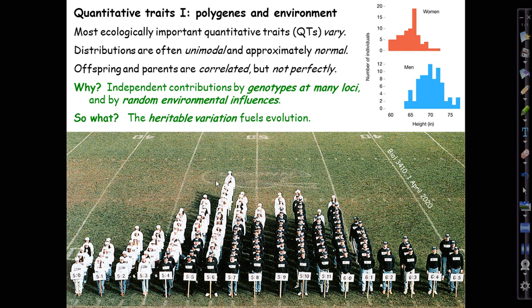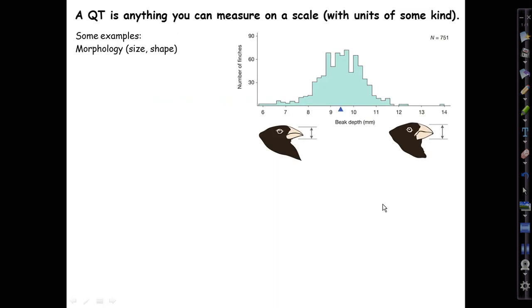You can tell we're at UConn because there's the helmet and UConn written in the middle of this football field. The people are lined up in columns corresponding to 1-inch increments in height. The heights are indicated at the front, and you can just count up how many are in each height category. Heron and Freeman have turned it into a pair of histograms in the textbook, which I've shown at the upper right-hand side of the figure there.